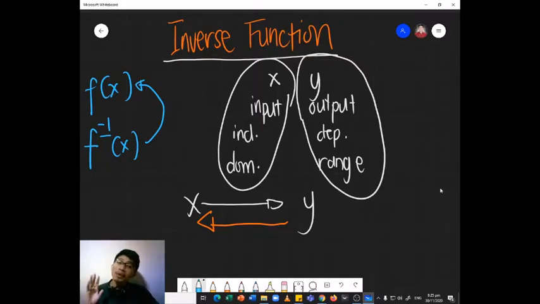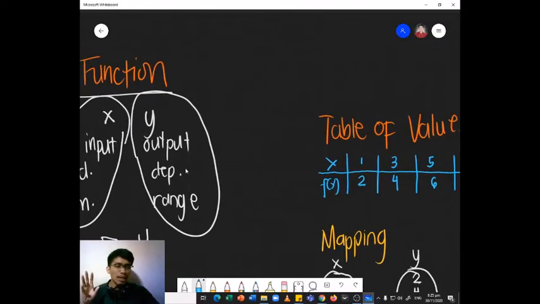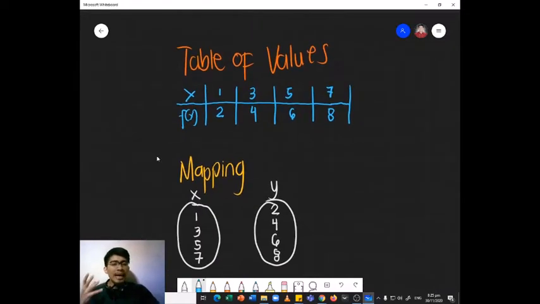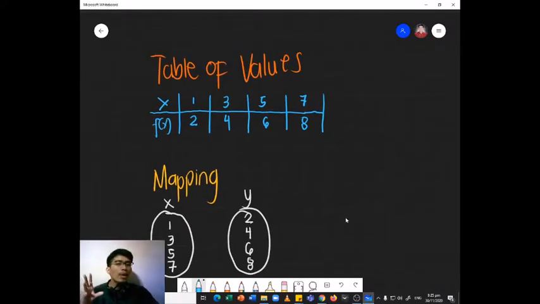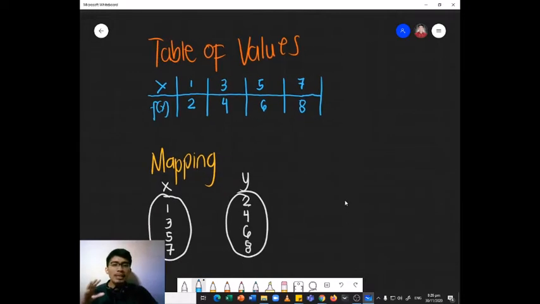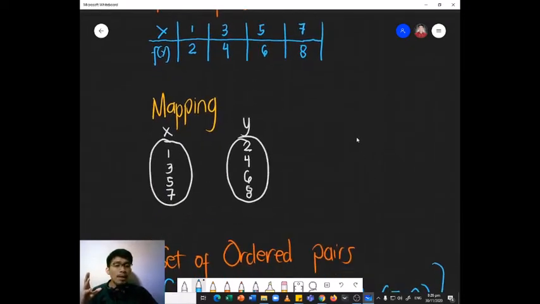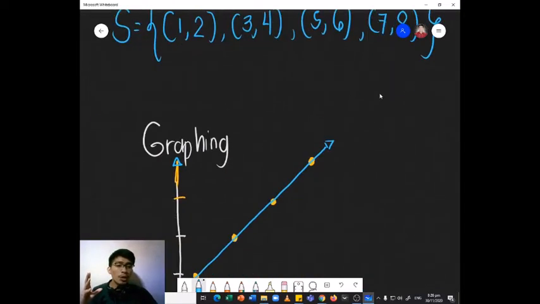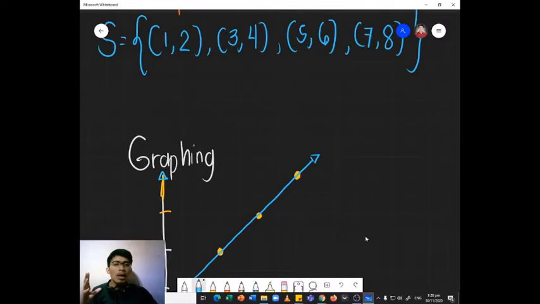In the original function, we have different representations: first is the table of values, second is mapping, third is the set of ordered pairs, and the fourth one is graphing. From these four different representations of function, I'm going to help you find the inverse by mere inspection. Just a blink of your eye, we will be able to find the inverse of these different representations of function.